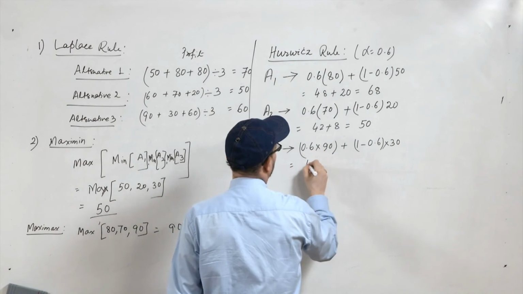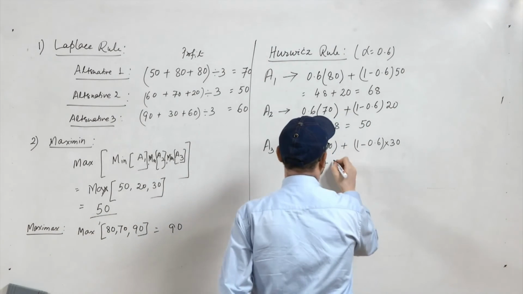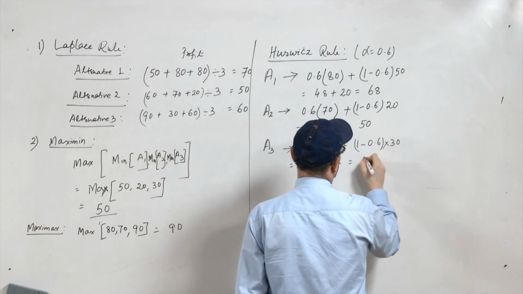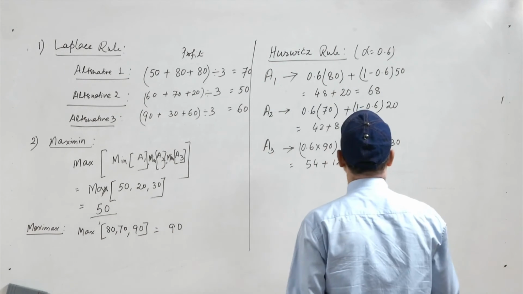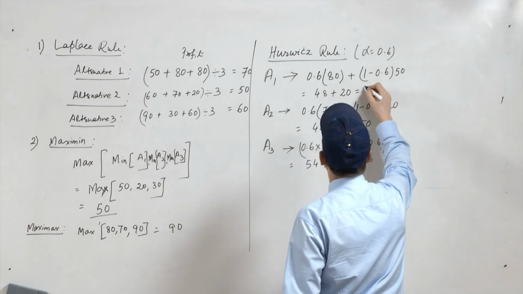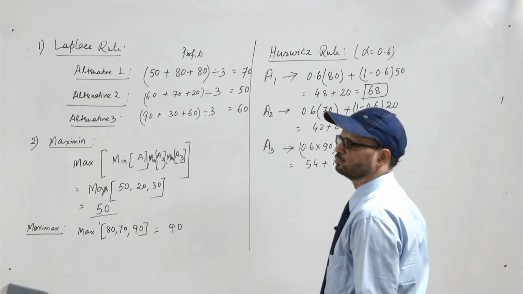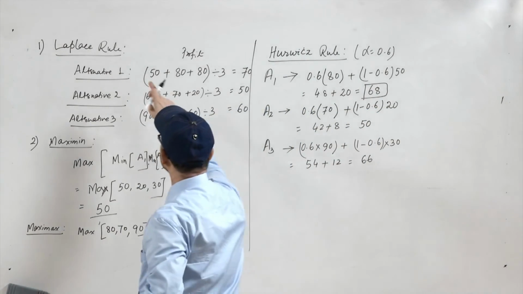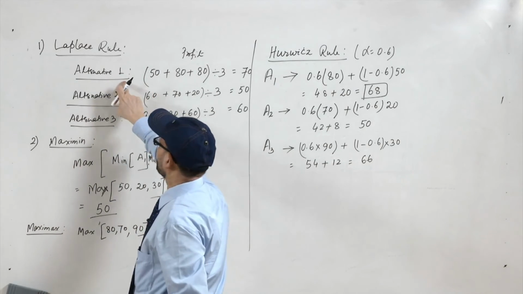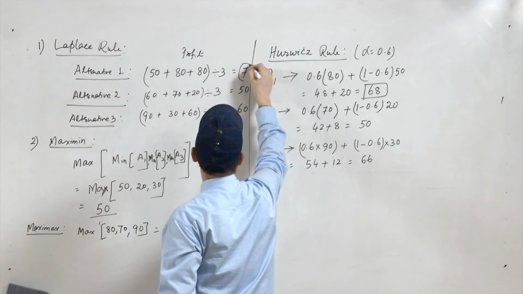So, it will be 54 plus 0.4 multiplied by 30, so 12, that is 66. So, what you see is alternative A1 gives you the maximum value. So, what we see is using the Laplace rule, you prefer alternative 1, which is giving you the maximum.